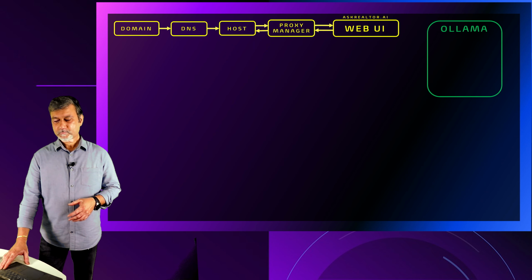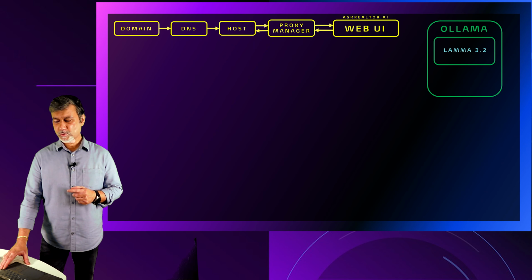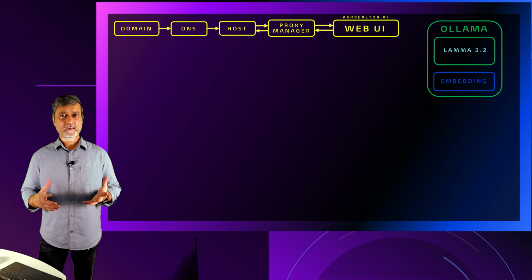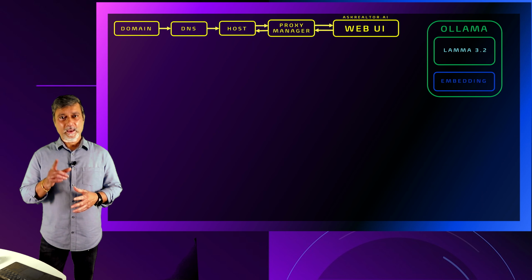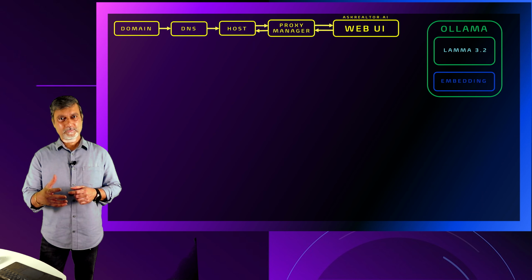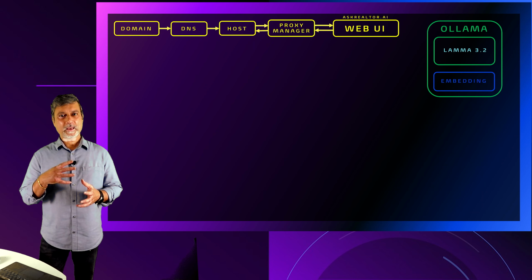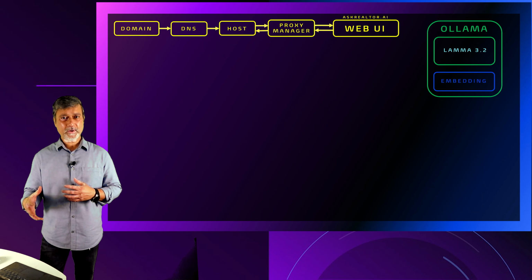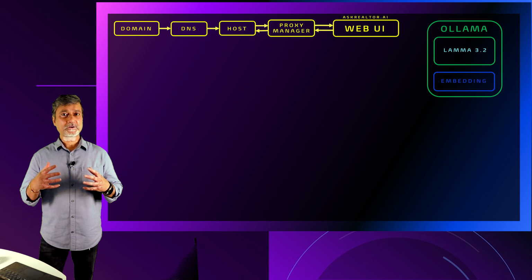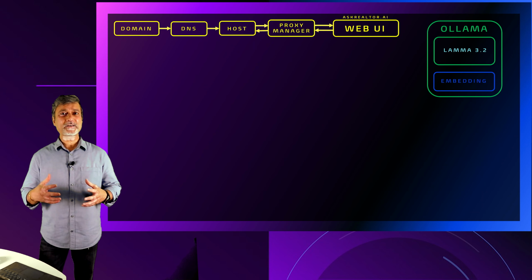I'll be using mainly two models. One is Llama 3.2, which is for the regular tools use, and it supports large language model functionality. The other model I'll be using is for embedding purposes, because this generative AI, as you saw in the name, is Ask Realtor, so it's definitely related to the real estate market.